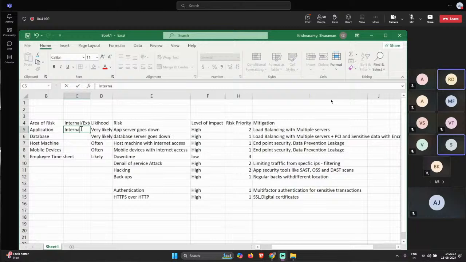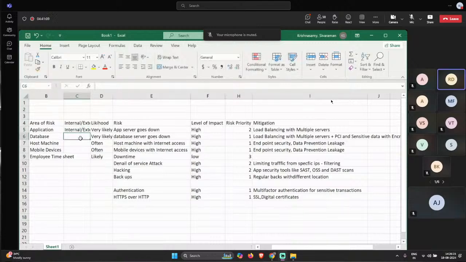Include likelihood, and include whether it is an external or internal risk. If I'm not exposing my application externally, I can take off all those things, correct? Yes, sir. Yes, so you don't need to spend your time breaking your heads over there.